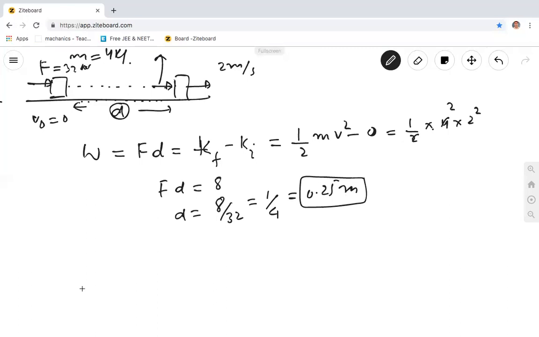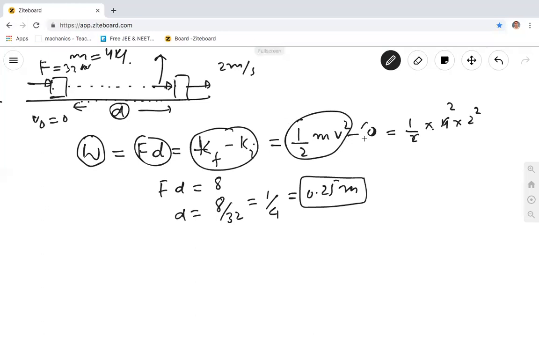Do you understand? Honestly? Yeah, I think I do. Let me explain in very few words. Work done is force into displacement, F into d, in the same direction, also equal to change in kinetic energy. It is final kinetic energy minus initial kinetic energy.